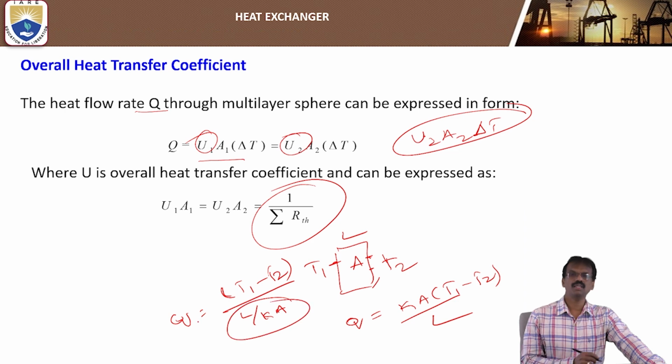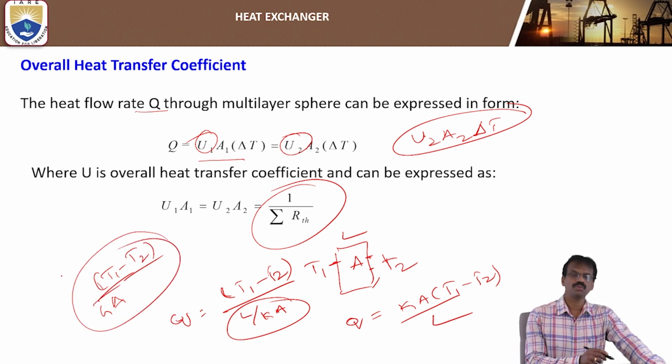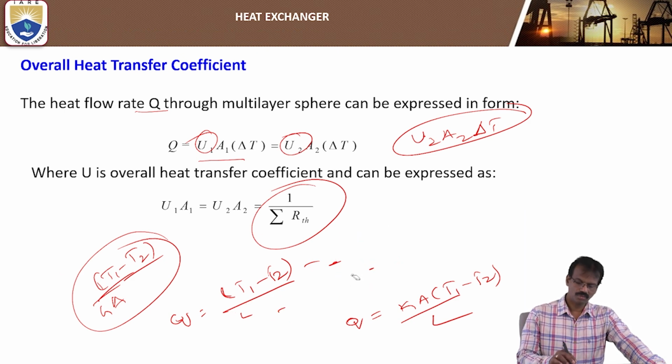So this L by KA is the thermal resistance of conduction. Similarly, for convection it is 1 by hA. These are the thermal resistances of the convection mode.